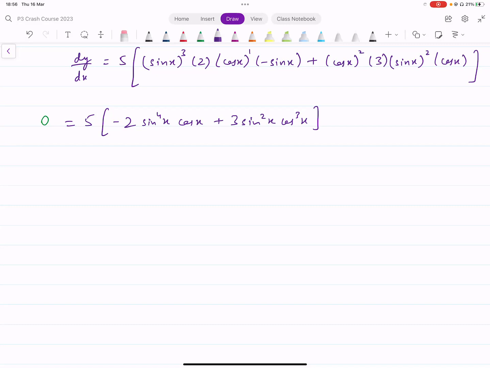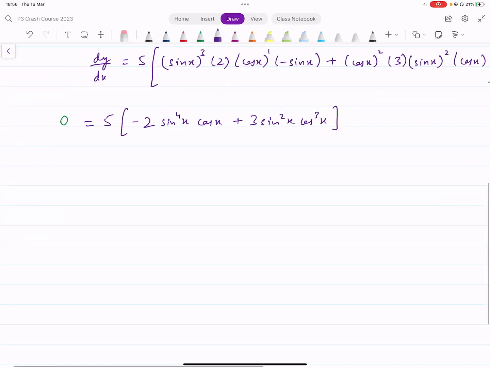Okay, now we need to solve this equation. What do we do for this? 5 goes to the other side, gets divided by 5, so 5 gets eliminated. What are we left with? We have minus 2 into sine raised to power 4 x into cos x plus 3 into sine square x into cos cube x.